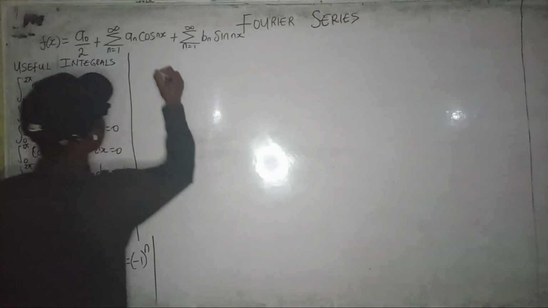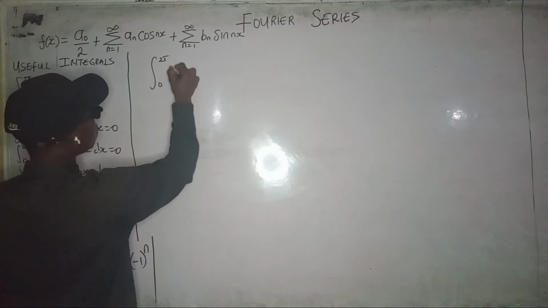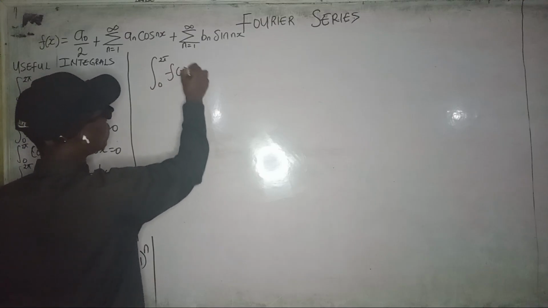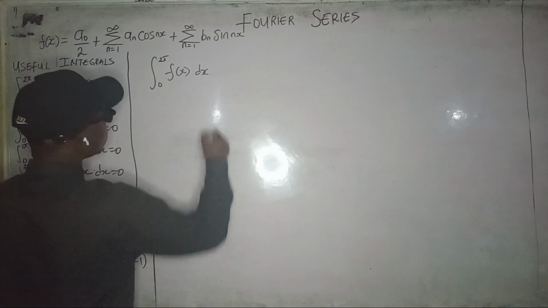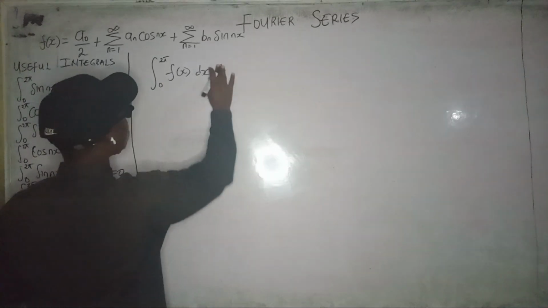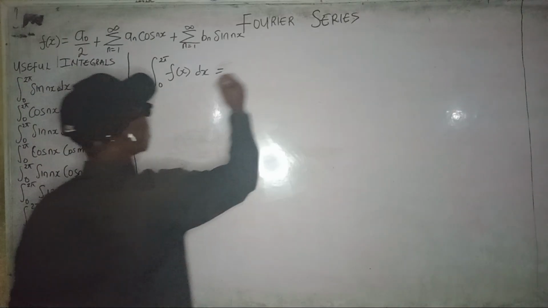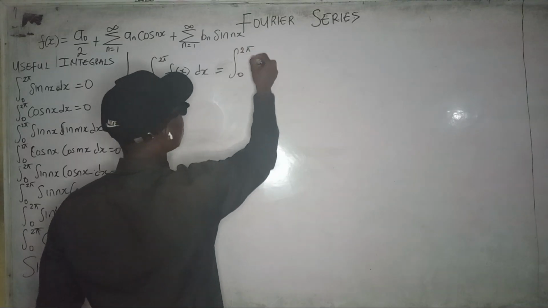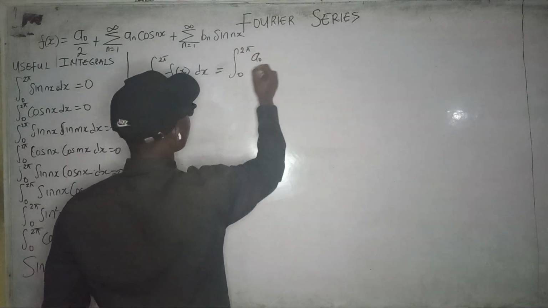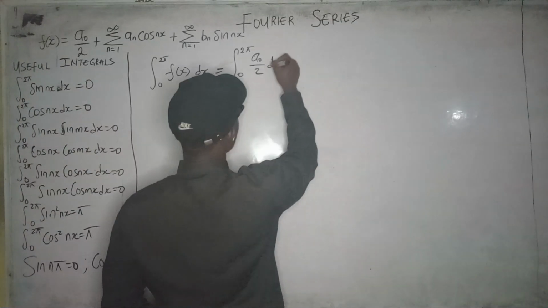We have the integration from 2 pi to 0 of f of x dx, equal to, now this a naught, the integral from 2 pi to 0 of a naught over 2 dx.